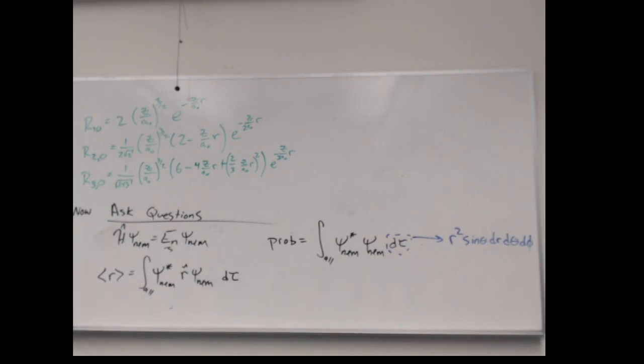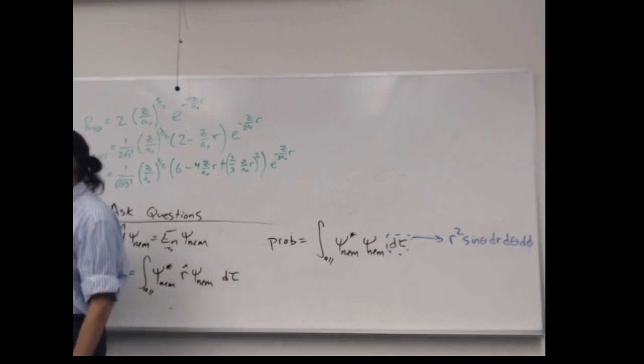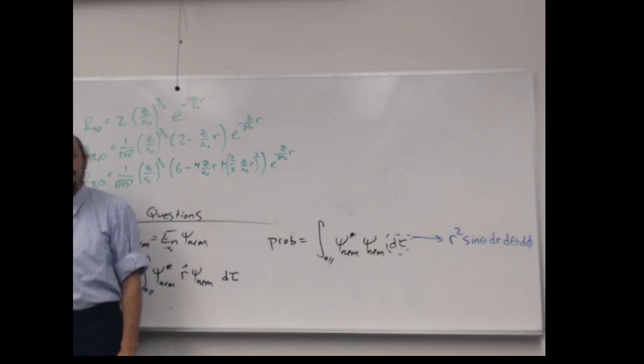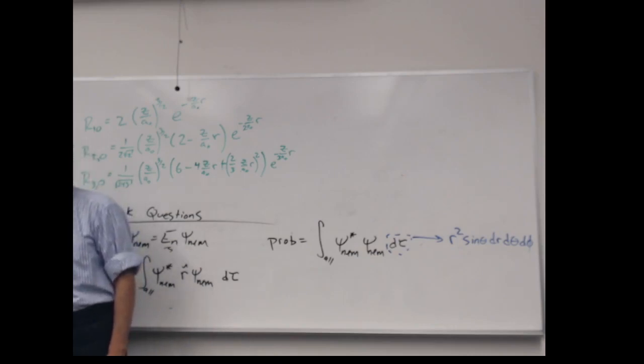But if we started with the XYZ coordinate system, things don't separate nicely, because that 1 over r term would be like a 1 over square root of x squared plus y squared plus z squared. And how do you separate that? It's got all three coordinates mixed into it in a square root of coordinate squared. So even though this looks like what the heck did you make us do, it's actually still the easier way to do it.